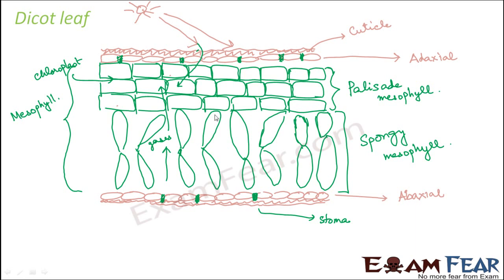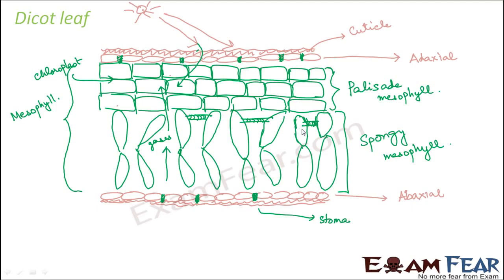The spongy mesophyll cells are all connected by tube-like structures, which are nothing but the vascular bundles. They will carry the food which is prepared here to different parts of the leaf as well as to different parts of the plant.